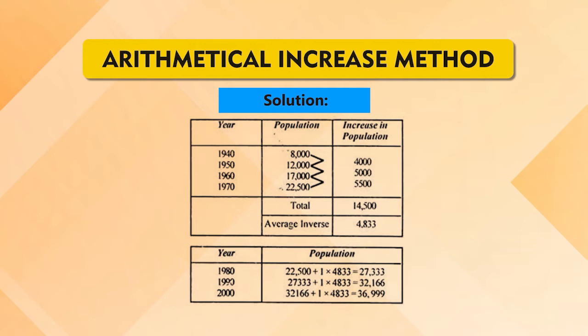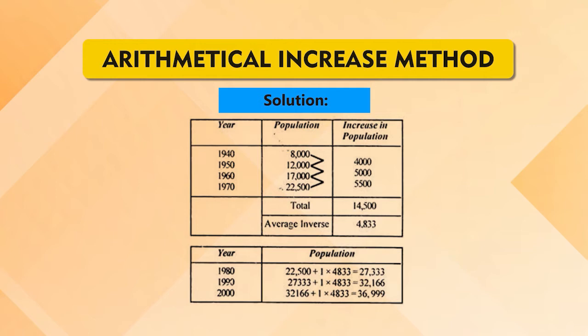So we can say the 1980 population, from the last decade 1970, is 22,500 plus n, the number of decades, 1, times C, the average, 4,833. So the answer comes to 27,333.